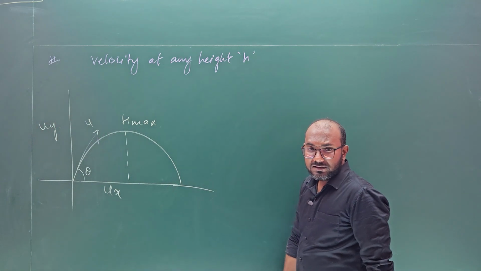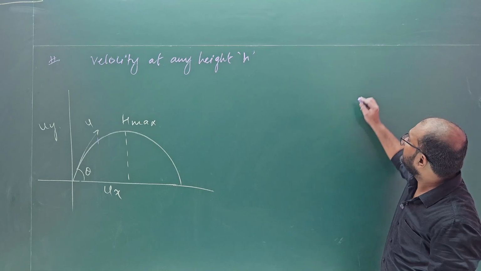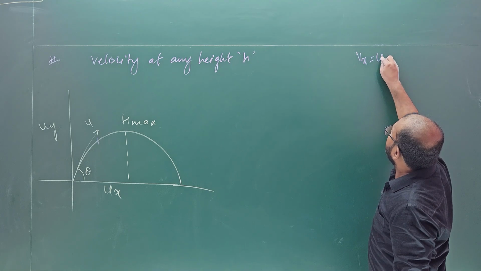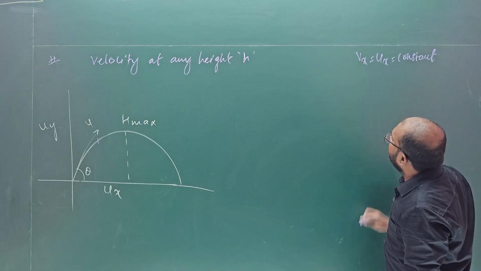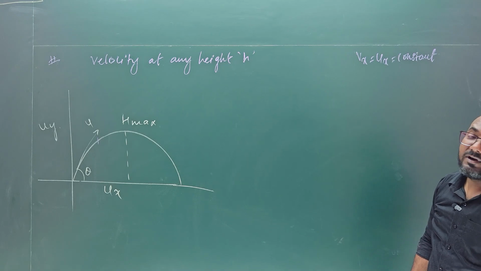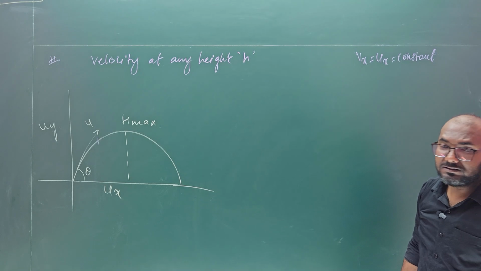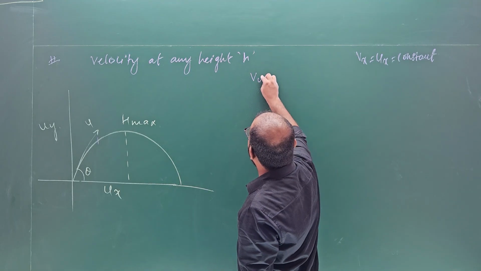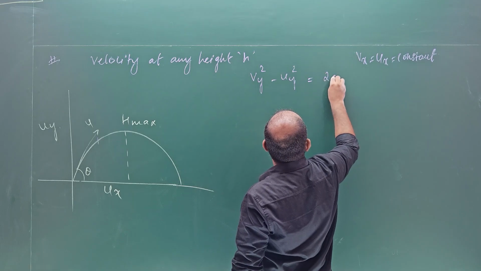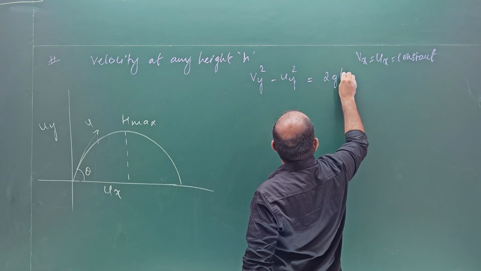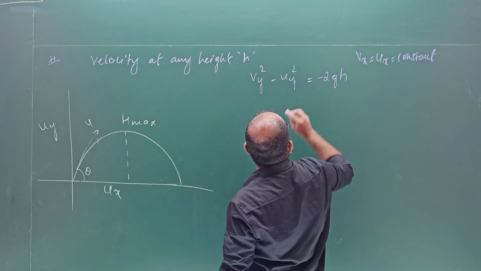Now, how do things generally change? Does velocity along the x-axis change? Never. So Vx is constant always. Vx is always Ux, and this value is always constant. We already know that, so nothing to do with this. But Vy is changing. If Vy is changing, then for the height I will use Vy square minus Uy square is equal to minus 2gh. Can I say any height h with a negative sign?